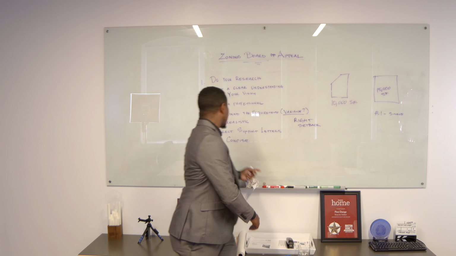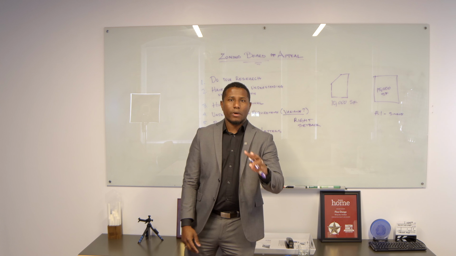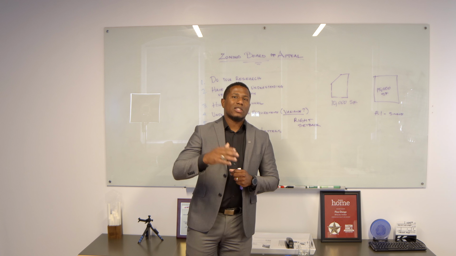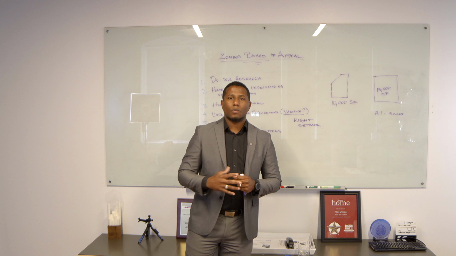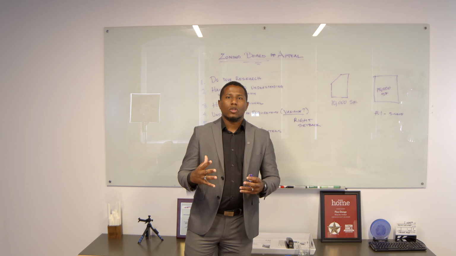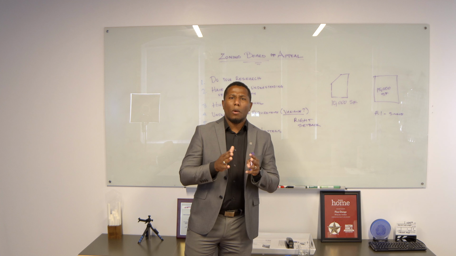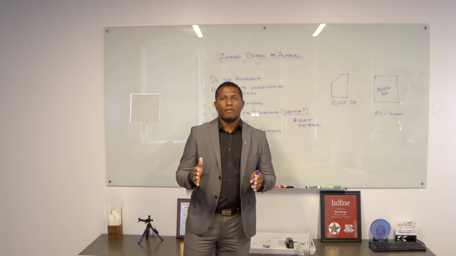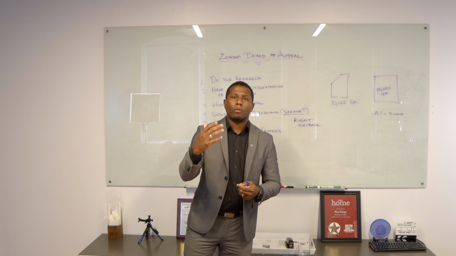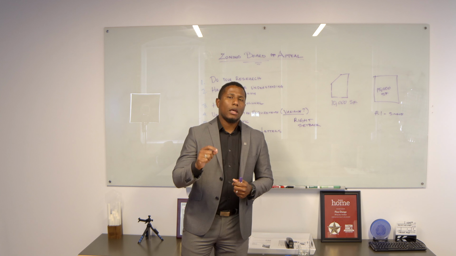So be concise. In 2 minutes, I already told you about the project and what I want to do. Because they listen to so many of these projects and so many ideas from different people, you want to make sure within a couple minutes, you describe what you want to do within that lot, within your property, but be concise.